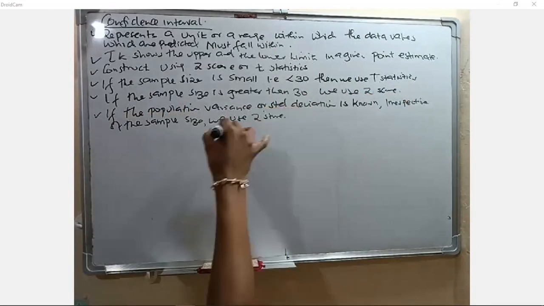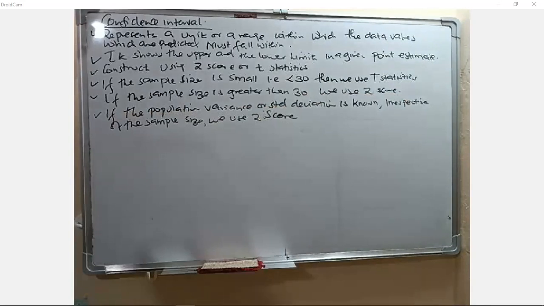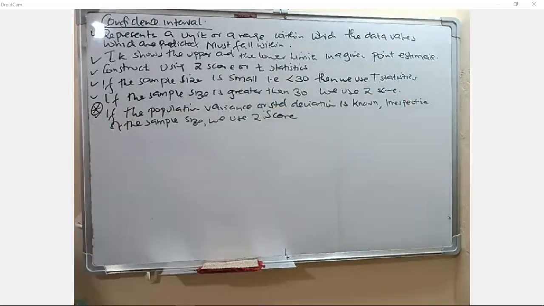Never forget that. So this is very crucial. If the population variance or the standard deviation is known, irrespective of the sample sizes, then we are going to be using the Z-score there.